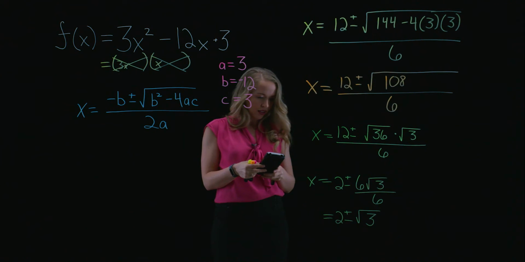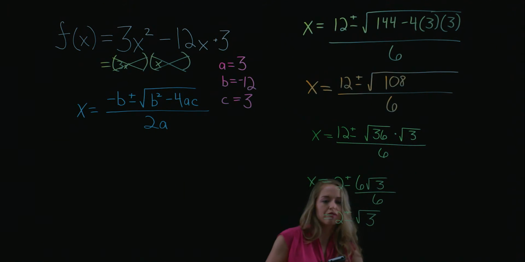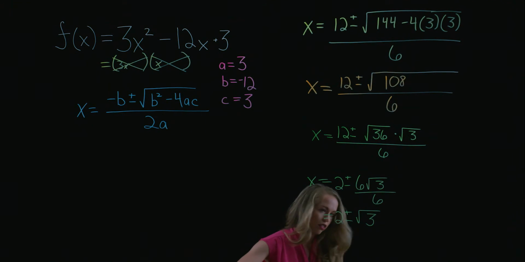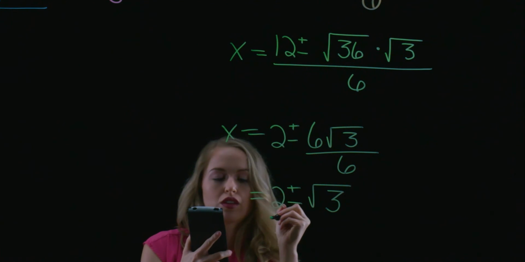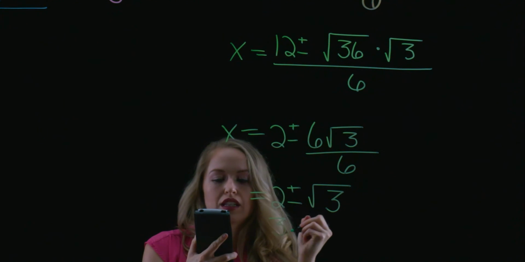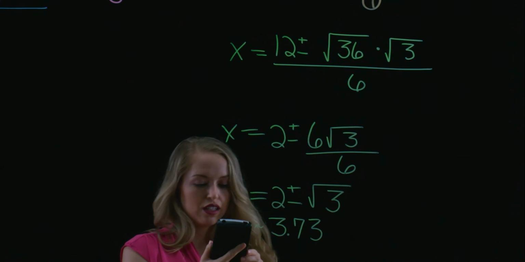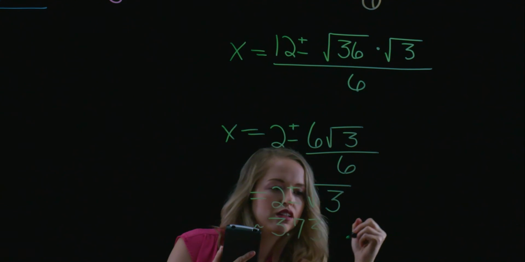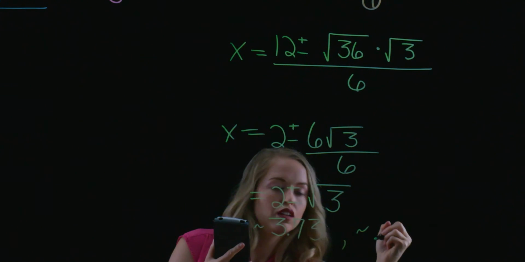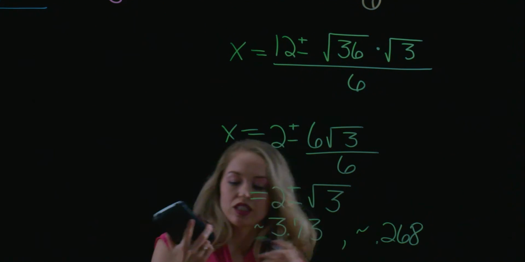So 2 plus the square root of 3, I wind up with approximately 3.73. And 2 minus the square root of 3 gives me 0.268. Great, so I have found the zeros algebraically.